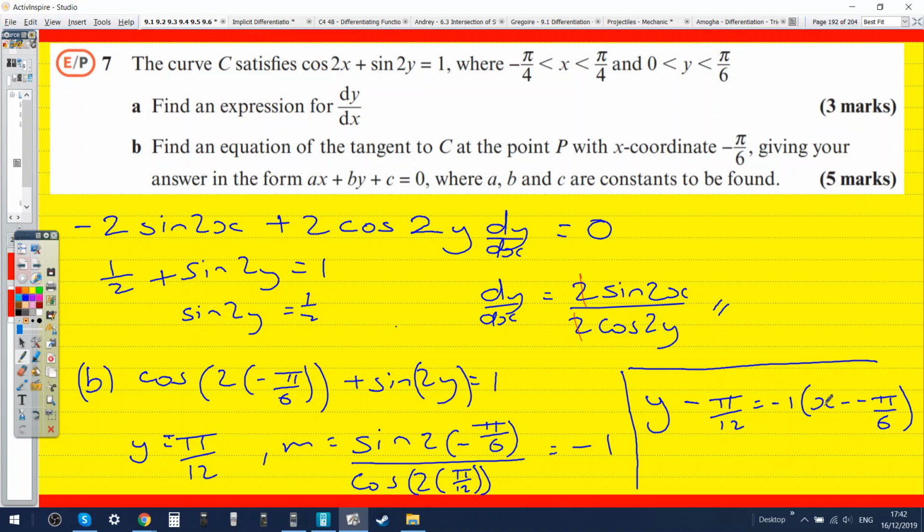Is that what it is? Y plus x. Do I get an extra minus or plus? Do we get an extra plus or do we just get that?